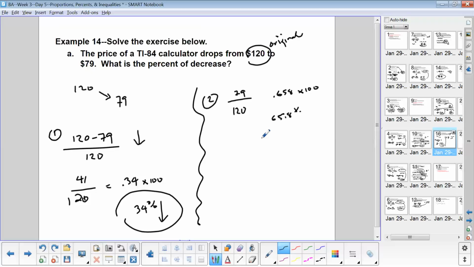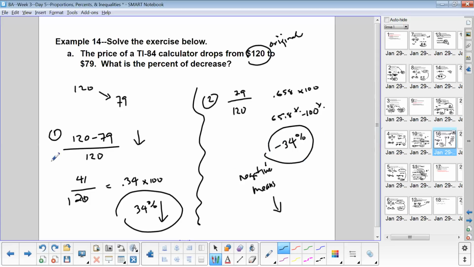And I remember I want to subtract 100% from it. And when I do that, I'm going to get a negative 34%. Well, what does that mean? Well, the negative means the decrease.